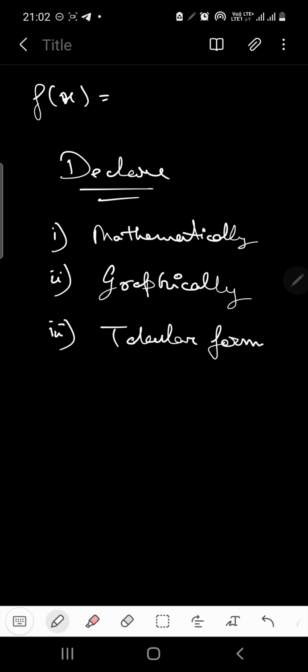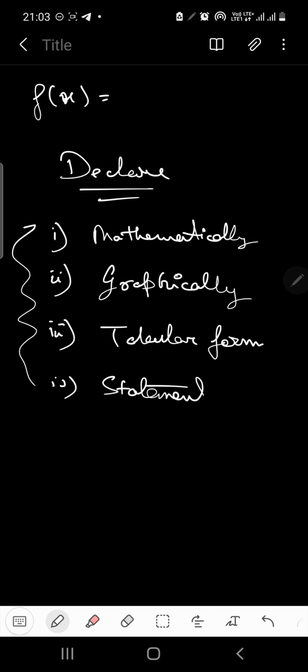Using a tabular form, you can show what the change in the values of the function is as we change the input variable, or the independent variable, of the function. What is the behavior of the function as it goes along the x-axis? And you can also declare a function using a statement. So these are four possible ways of declaring a function.